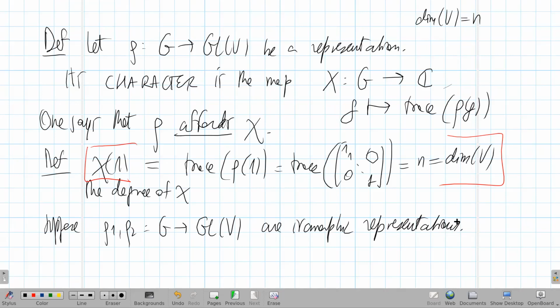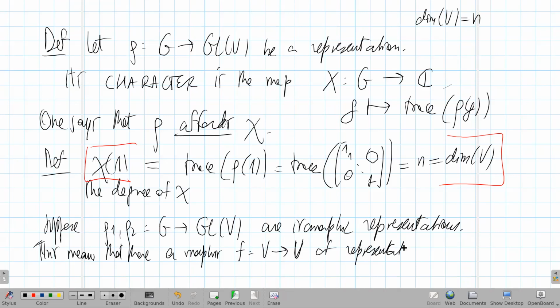What does it mean to be isomorphic? Let's recall. This means that there is a morphism of representations which is invertible, a bijective map.